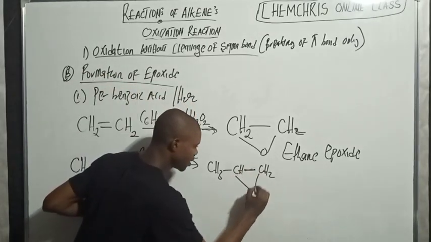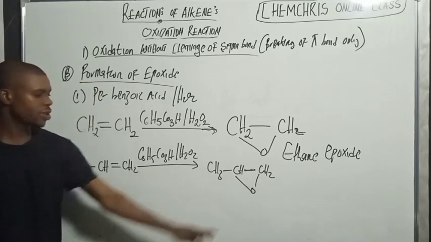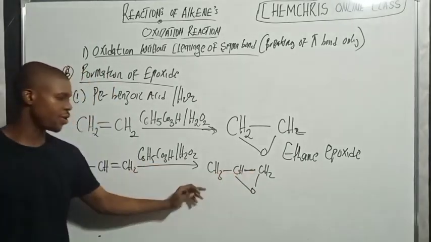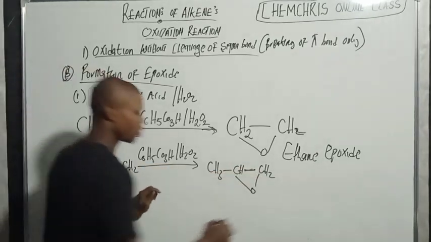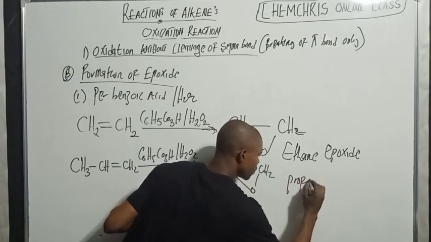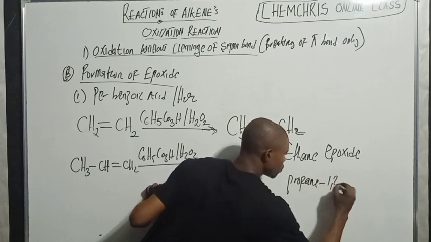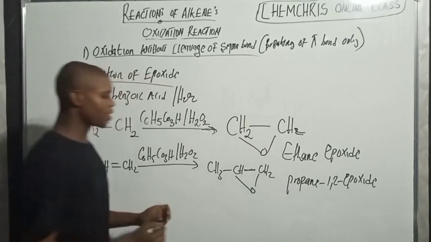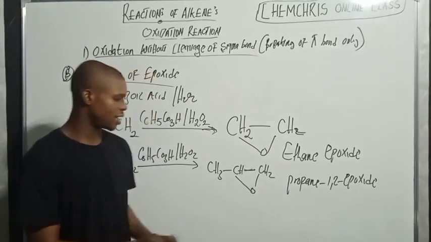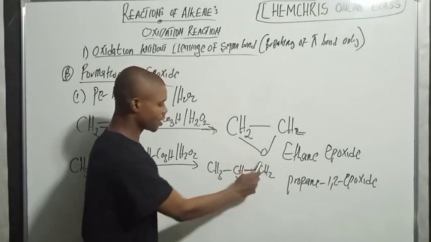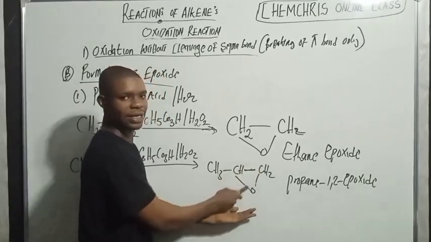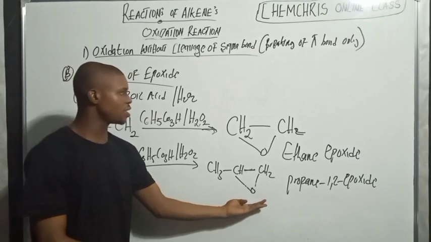Here we have oxygen forming. Do you see that? So this is the product. The name of this one is called propane 1,2 epoxide. The main reason why it's called 1,2 epoxide is that carbon 1 and carbon 2 form a kind of ring. Do you understand? So that is the name of the product.